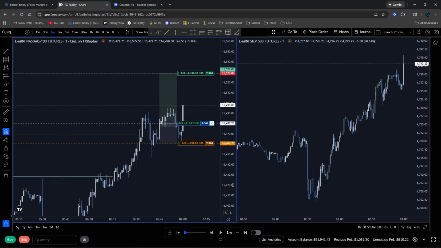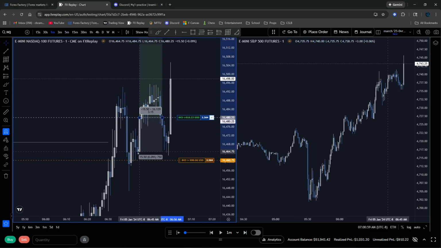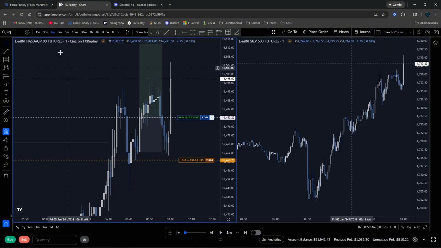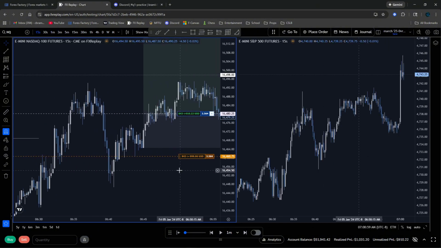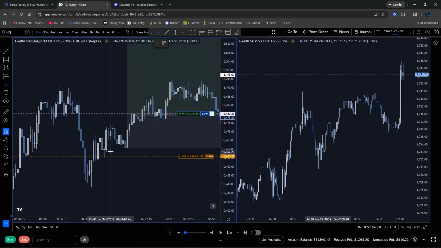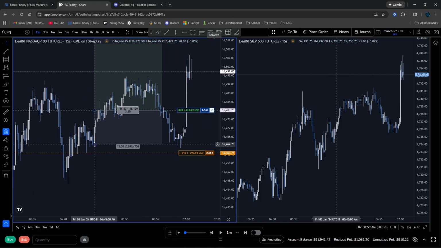Now why did I put my stop loss there and not here? Essentially, every little wick is an order block, right? You zoom in. Every one of these is a wick that is an order block, like a bit of manipulation. And so I don't want to have it here, obviously, because there's no manipulation.